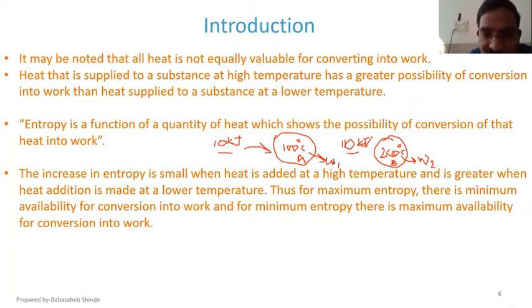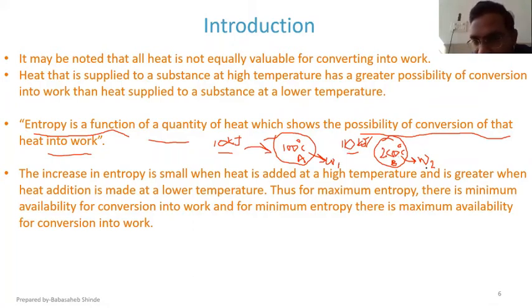So let's relate this one with the entropy now. So entropy is a function of quality of heat, which shows the possibility of conversion of that heat into work. Means for the source or body 1, we provided 10 kilojoules of heat and we got some work output. For the 200 degree Celsius body, we provided 10 kilojoules of heat. We got some work output.